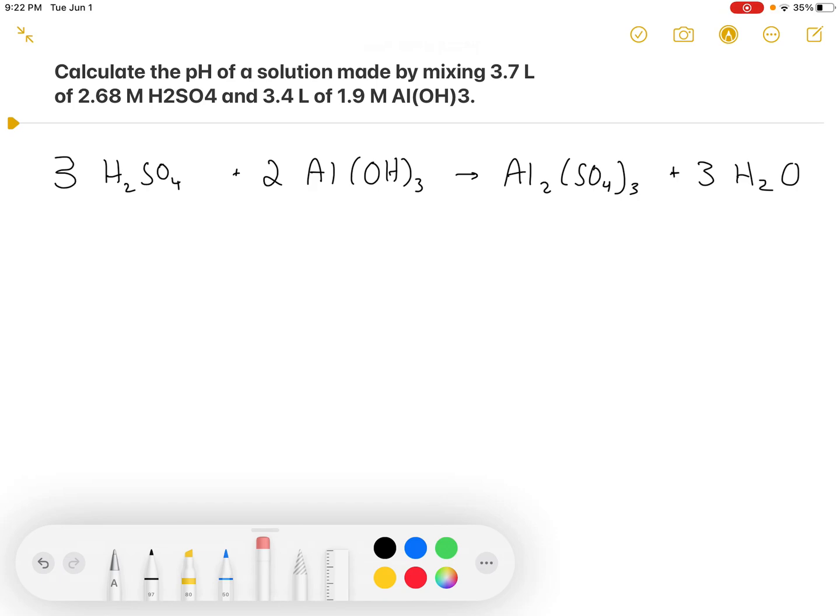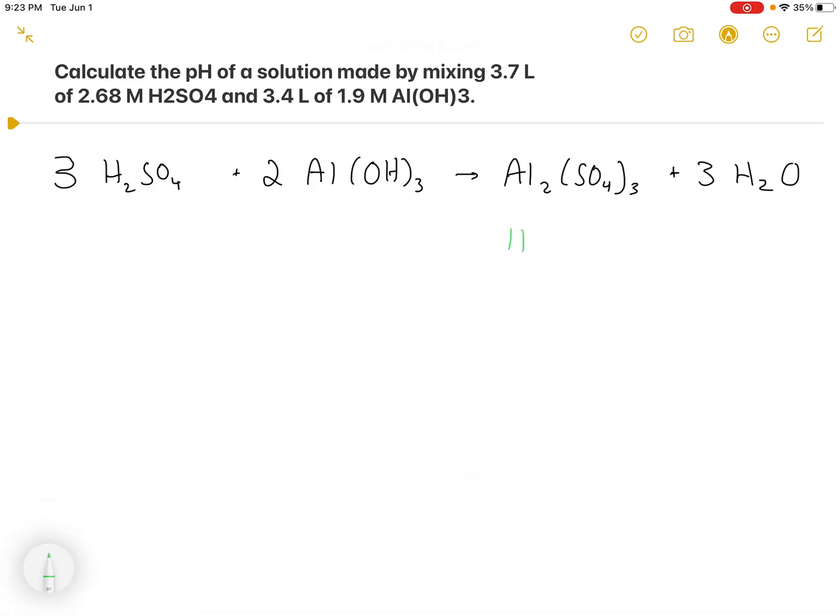A good first step for us in solving this, though, is to look for the ionization and dissociation equations for the acid and for the base, just to make sure we know what ratio of the ions are being produced. Sulfuric acid is going to ionize into 2 H plus and 1 SO4 2 minus.